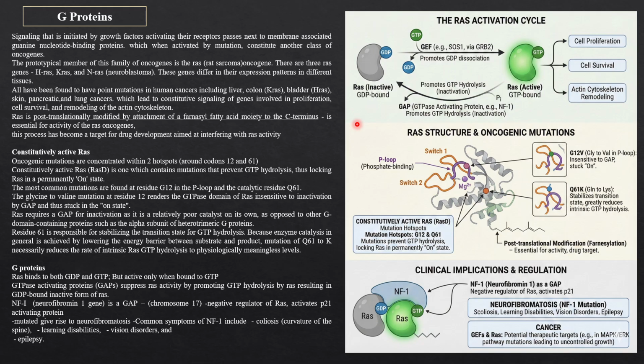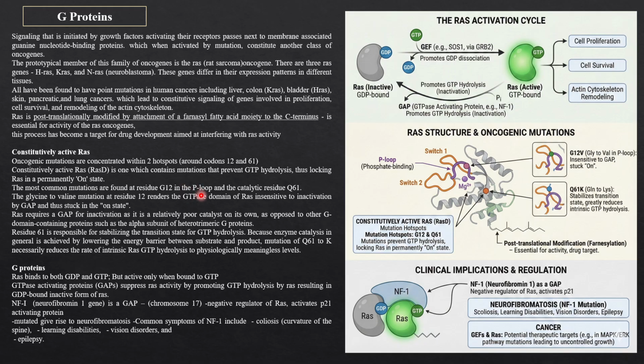The constitutively active RAS oncogene mutations are concentrated within two hotspots, which are around codons 12 and 61. RAS is permanently in an on state when it contains mutations that prevent GTP hydrolysis, and thus it locks RAS in a permanent on state.